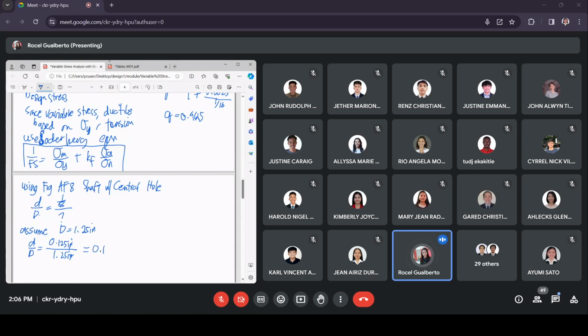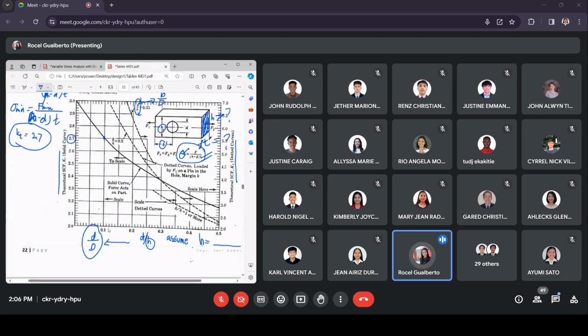It is because for me to obtain an exact line for 0.1. You do not know really the answer, so any number can be an assumption. So, para for ease na pagkuha natin ng value ng KT, I make use of 1.25 to obtain exactly 0.1. So, I have this line.